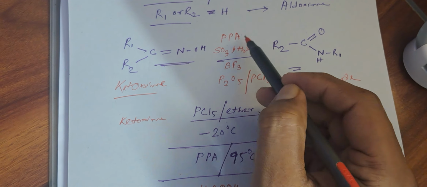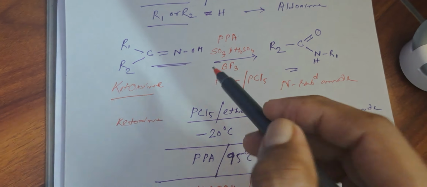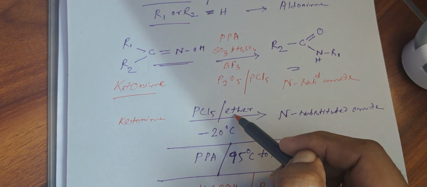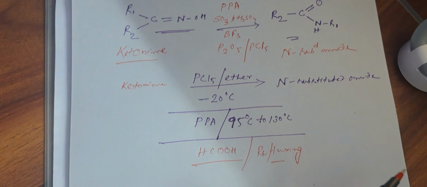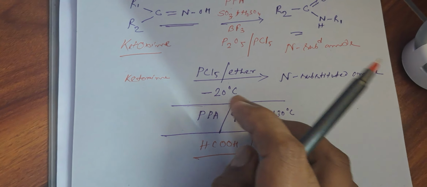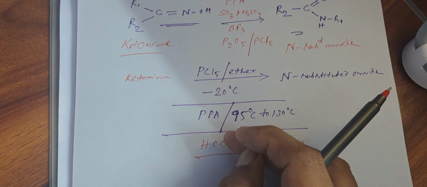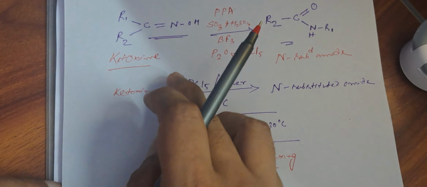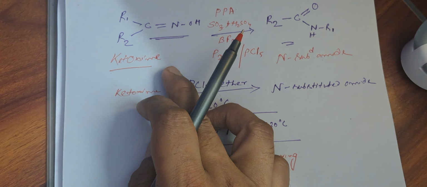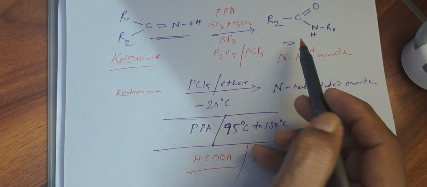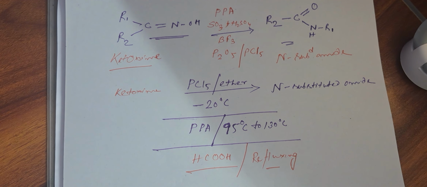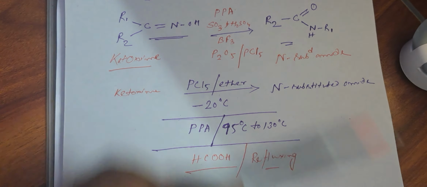On the basis of the acid you select, the condition will differ. So this is all about the chemical reactions involved in Beckmann rearrangement and the reagents used apart from ketoxime.